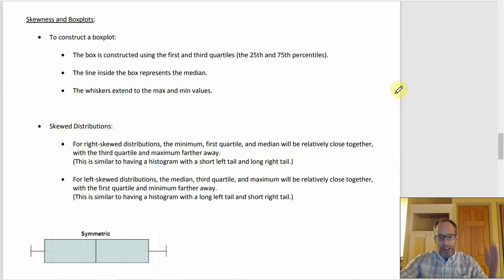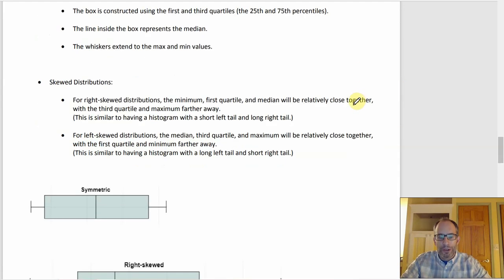So you make line segments at those, and then the other 2 line segments that would make the box, you just connect them together. If you look at this symmetric one down here, we can see that whole thing. The left and right sides of the box would be determined by the quartiles, the 25th and 75th percentiles. The median is the line inside the box, and the whiskers extend to the extreme values, the max and min.